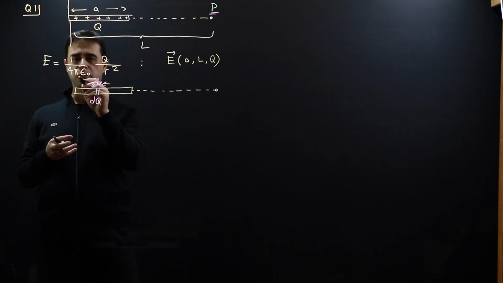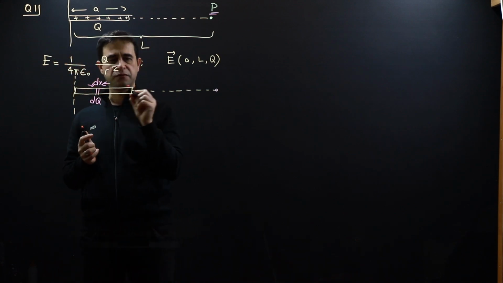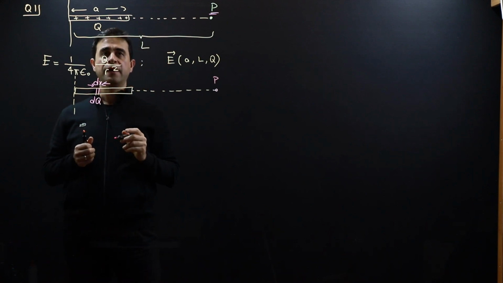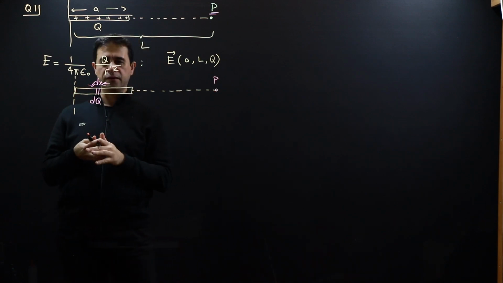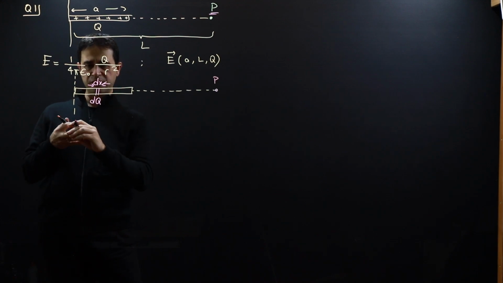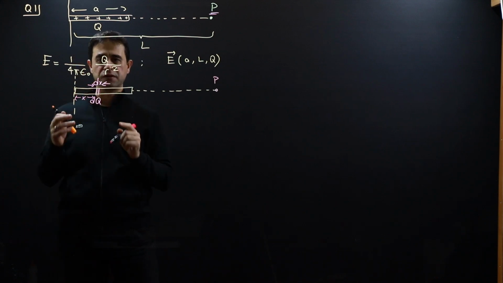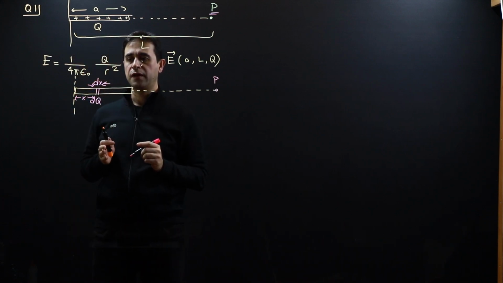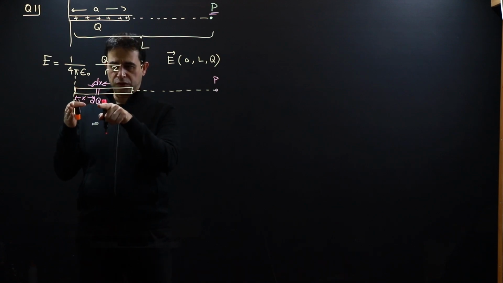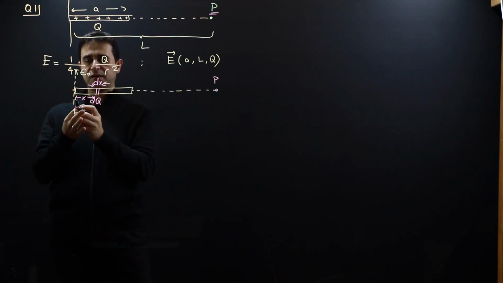So let's go back. What I want to do is find out the electric field due to this dq at this point P, right? And I know that the total length is L, and I'm going to take an arbitrary distance. It's located at an arbitrary distance of x, okay? And I would like to find out the electric field due to this dq if it's located at a distance of x away from the y-axis.